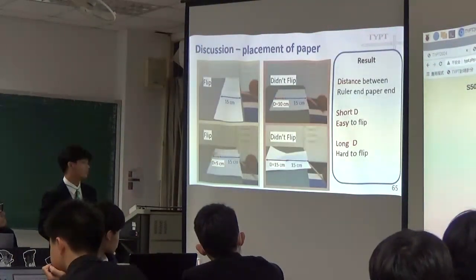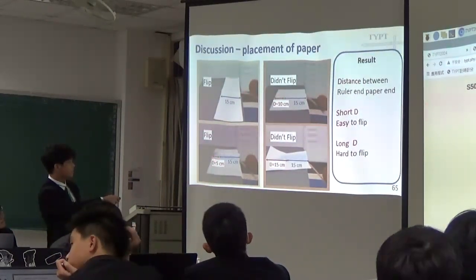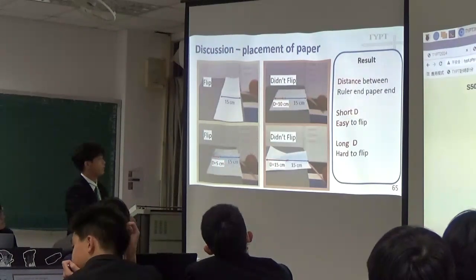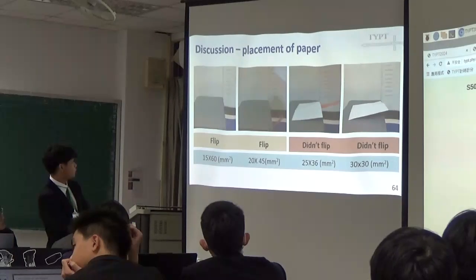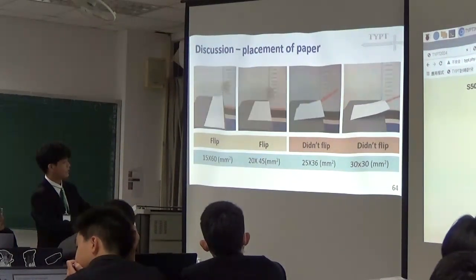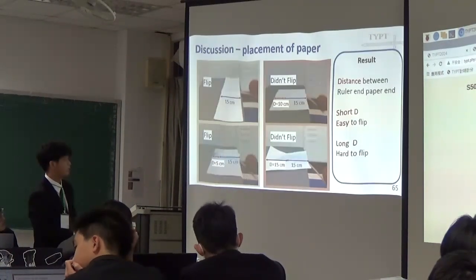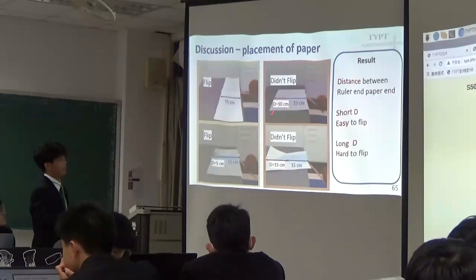Right over here, I think this distance will affect this phenomenon more, because in our simulation you can see that these two will flip and these two won't flip, but they all have the same area. So I think the main factor that affects this phenomenon is this distance.